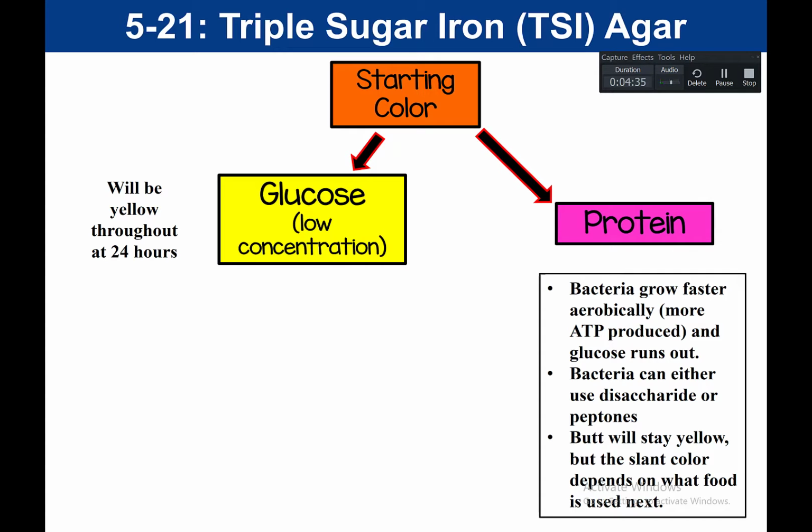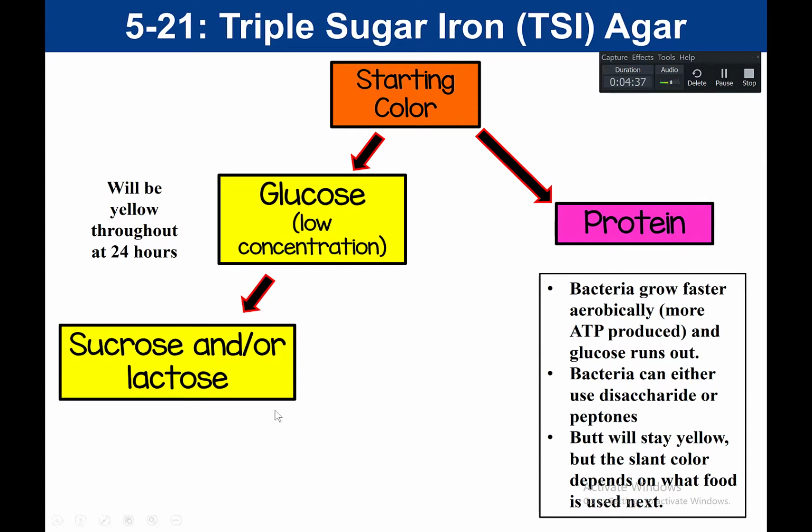So the bottom is going to stay yellow, but the slant is going to change color depending on bacteria's food source. So if the bacteria can use the disaccharide, either sucrose and or lactose, we can't say which one. It could be just sucrose, it could be just lactose, it could be both. We can't differentiate that. But if the tube stays yellow all throughout, the butt is yellow and the slant is yellow, what that means is when the glucose ran out, bacteria were then able to ferment the sucrose or lactose.